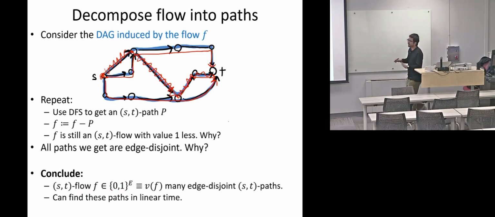Do you agree now that from this DAG that has a flow with flow value V, you can extract V many paths that are edge disjoint? Okay. So now, if the flow is not really a DAG, what do you do?